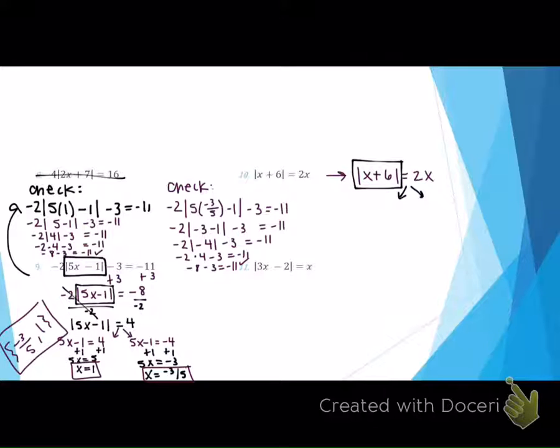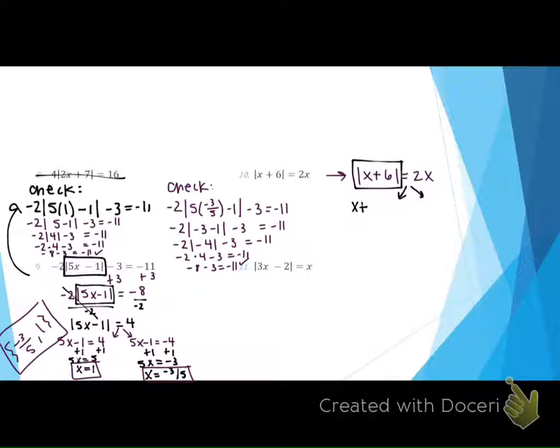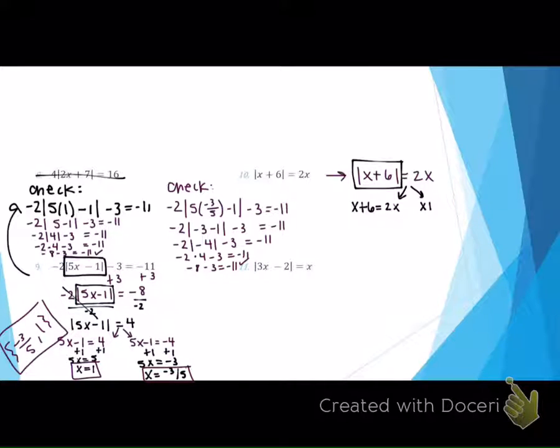When we got to this point here, remember we do the positive and the negative of the thing outside. So what would this look like? No, we never change what's inside of the absolute value. So it would be x plus equals, and x. Perfect.